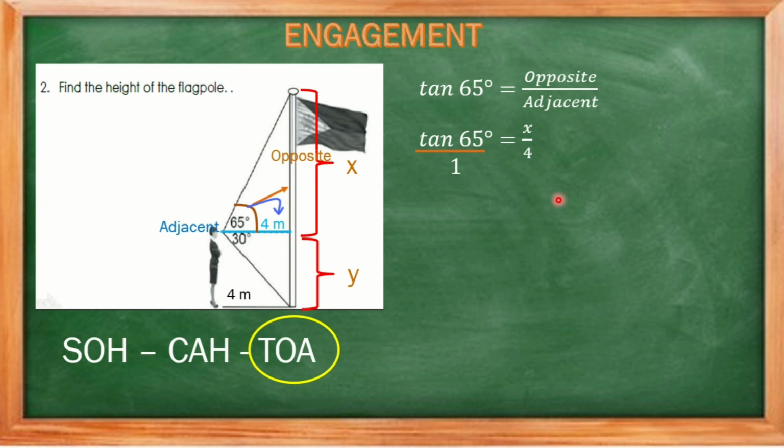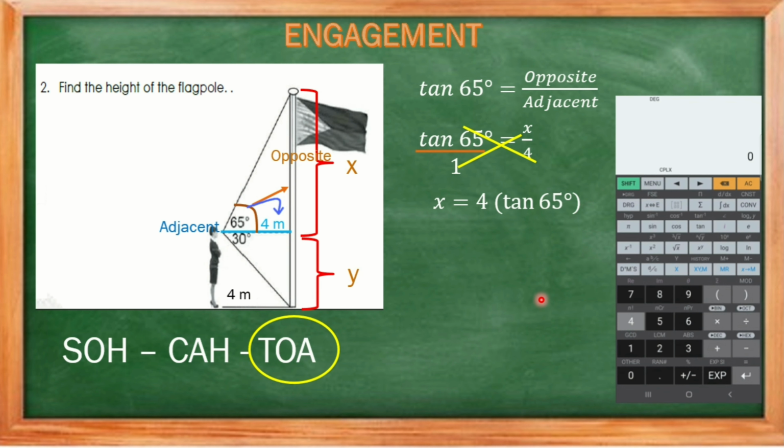So, over 1 lang natin yan and then cross multiply. So, 1 times X, this X is equals to 4 times tan 65 degrees. So, kinopya lang natin siya. 4, then times tan 65 degrees. So, para mahanap natin yung estimate value ng X na to, gagamit tayo ulit ng scientific calculator.